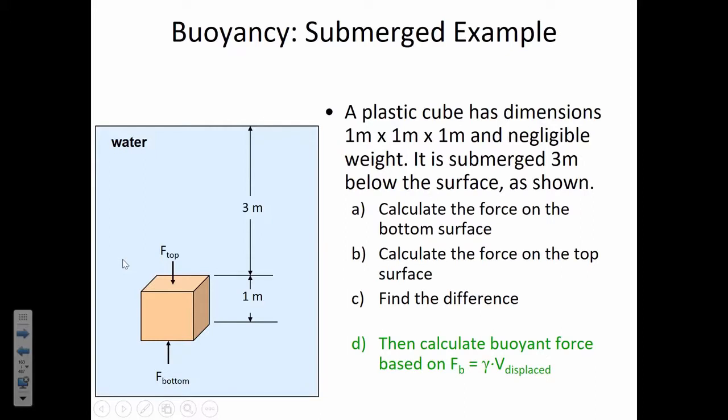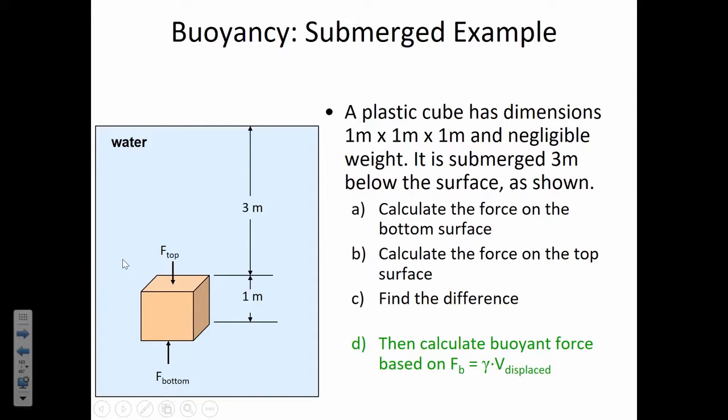Okay, so first of all, part A, force on the bottom. So F bottom is going to be the pressure at some depth multiplied by the area.